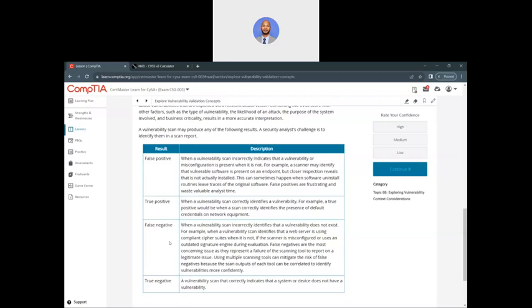A false negative is when it identifies that a vulnerability does not exist, but the vulnerability does exist. This is one of the scarier ones because, at the end of your scan, unless you know something is there and you want to test your scanner to see if it identifies it, you don't know that it's a false negative until something occurs.